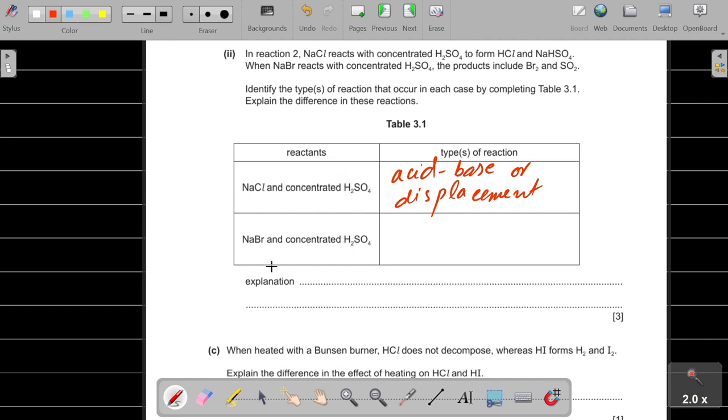NaBr with concentrated H2SO4, you can say it is also an acid-base reaction because NaCl and NaBr are both from the same group. But what is the problem? Down the group, like fluorine, then chlorine, the above one is a strong oxidizing agent and the lower one is a weak oxidizing agent, or a good reducing agent.